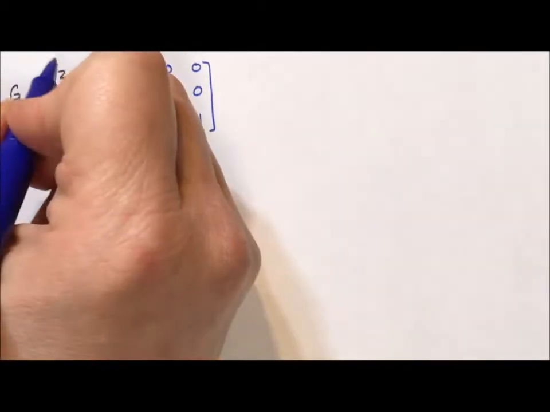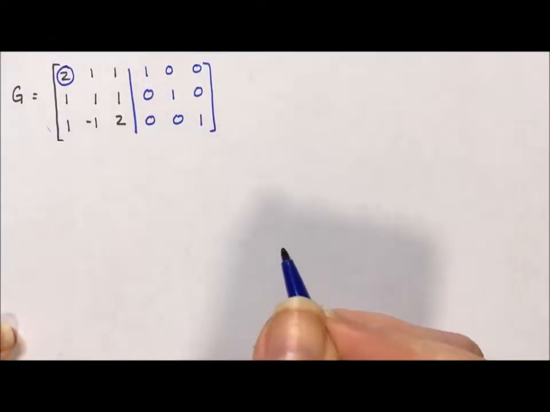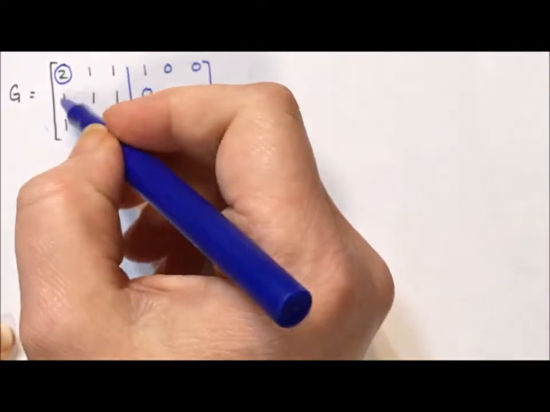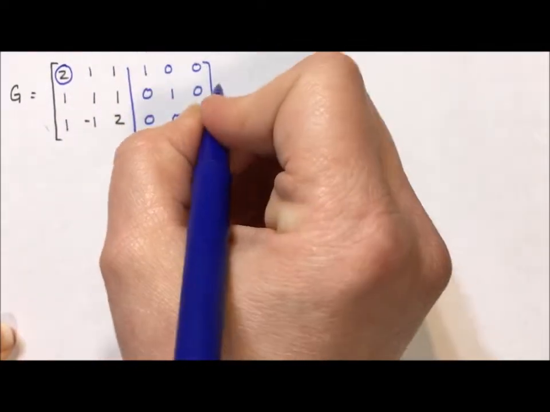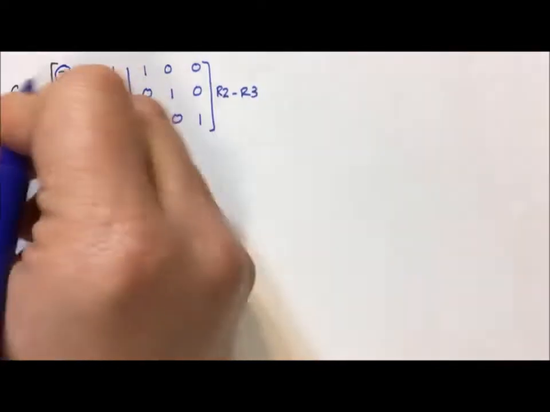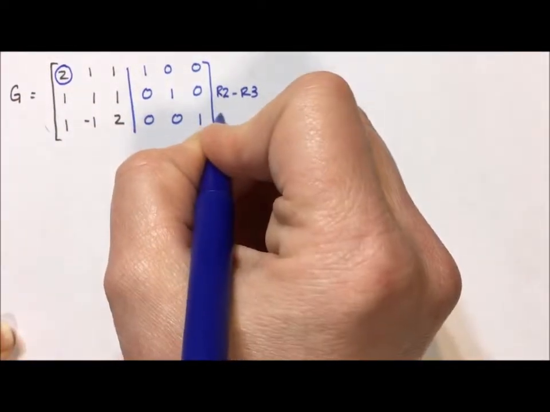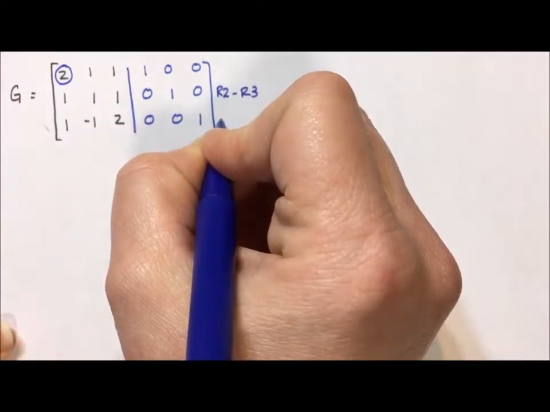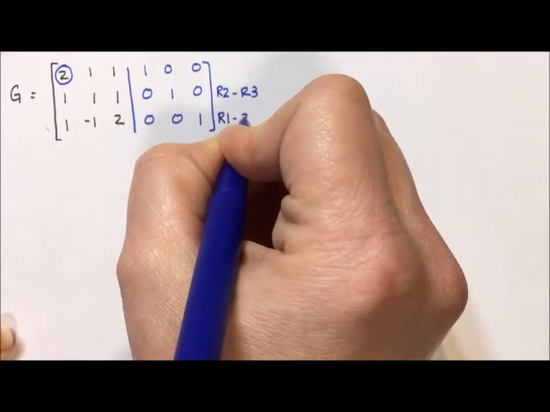Okay, so if I start by pivoting on this 2, first of all, these are both 1, so I can just say row 2 minus row 3. I have to use row 1 down here, so I'm going to say row 1 minus 2 row 3.